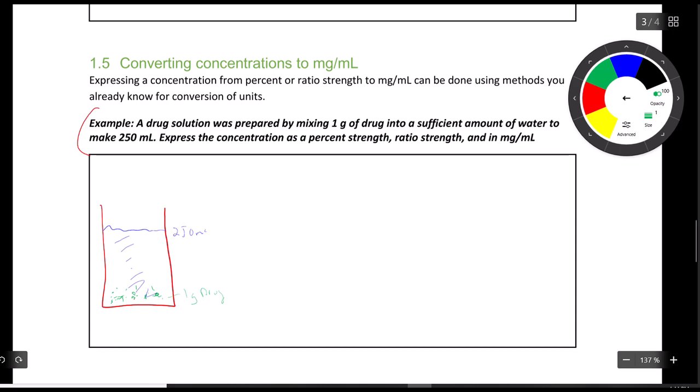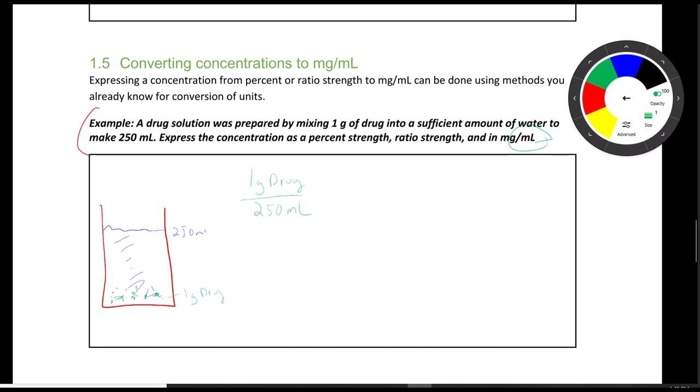So let's work backwards and start with milligrams per mL. Well, I know that there's 1 gram of drug in 250 mLs. How much is there going to be per 1 mL?